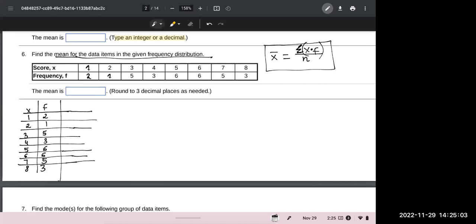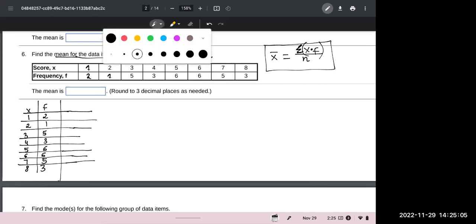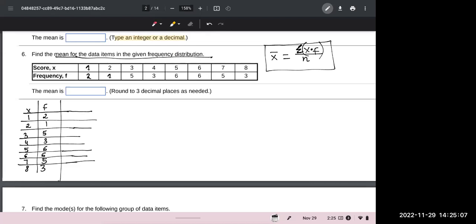Now to calculate the mean, I need to add an extra column and find the product, x times f. That means you multiply each number by its frequency.